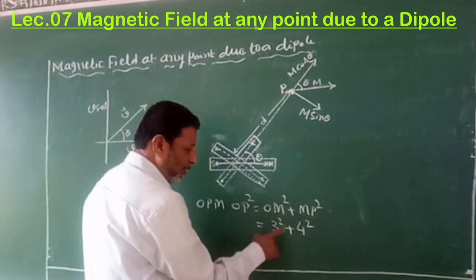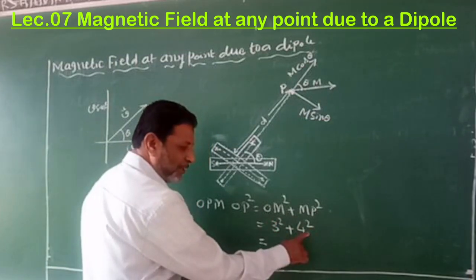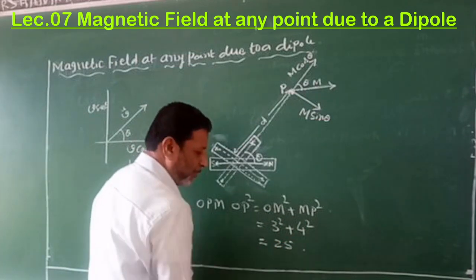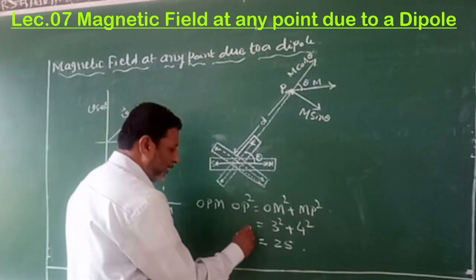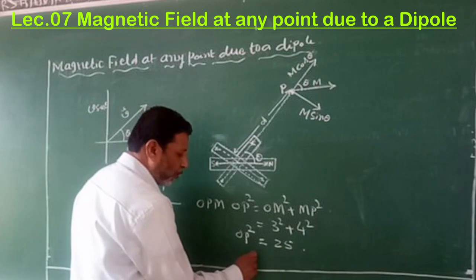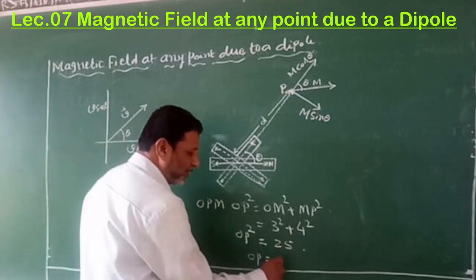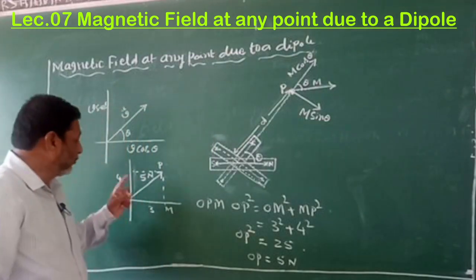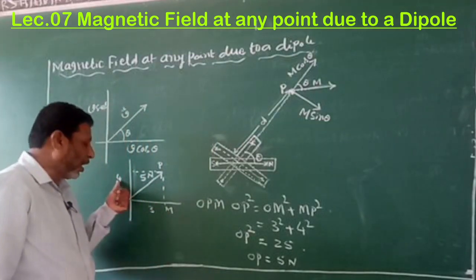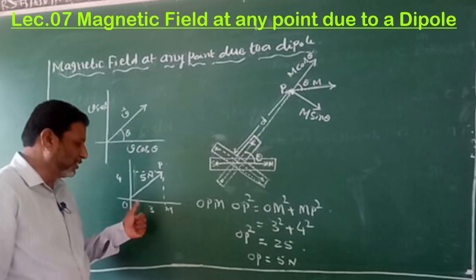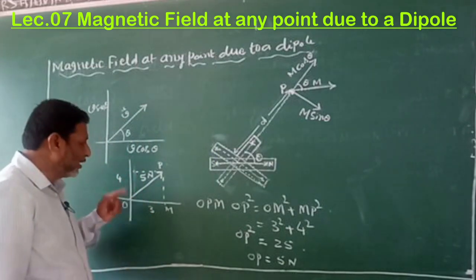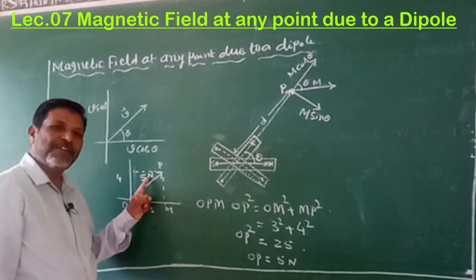This is 9 plus 16, which totally is 25. OP square is equal to 25. Therefore, OP is equal to the square root of this, which is equal to 5 newtons. That means if 3 and 4 are the rectangular components which are perpendicular to each other, then the resultant of these two is equal to 5.